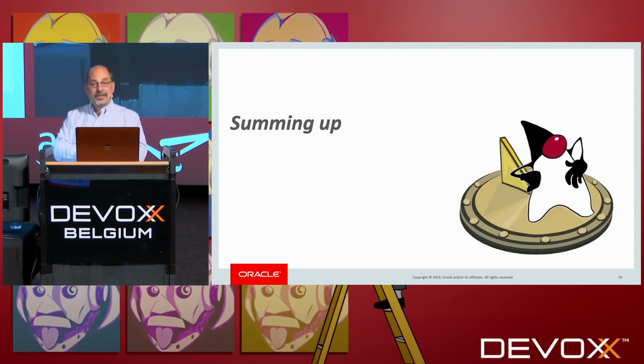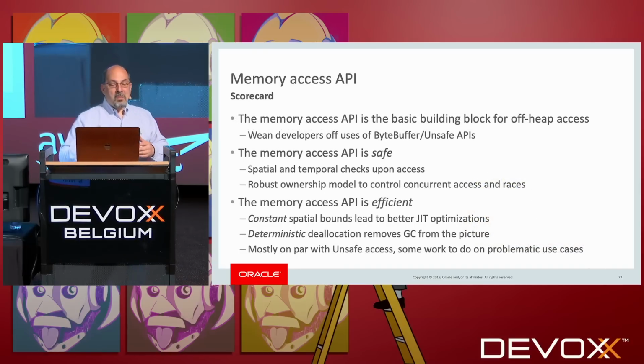So okay, let me sum up, and then we'll have about 5 minutes left for questions. The basic point of this API is to have a low-level building block for off-heap apps. I think people will give up ByteBuffers fairly readily because they're hard to use.